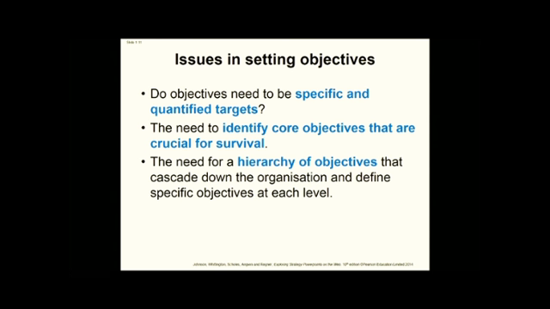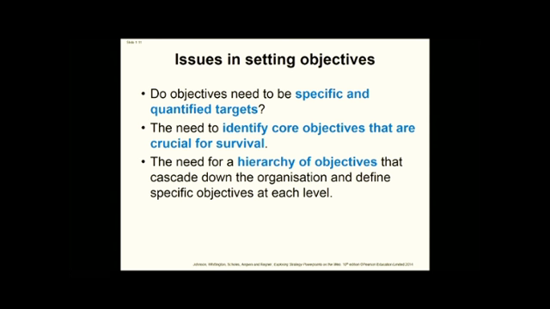Do the objectives need to be specific and quantified? Well, some of the examples I suggested were quantified. Some were moderately specific. For instance, to reduce our greenhouse gas emissions from the whole of the company's operations by 50% in the next 10 years.